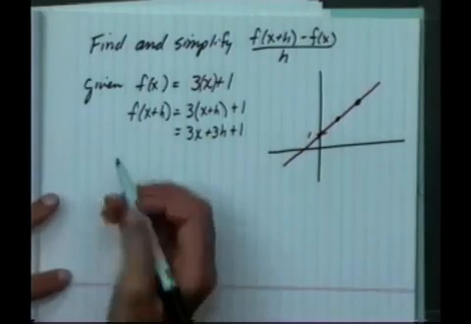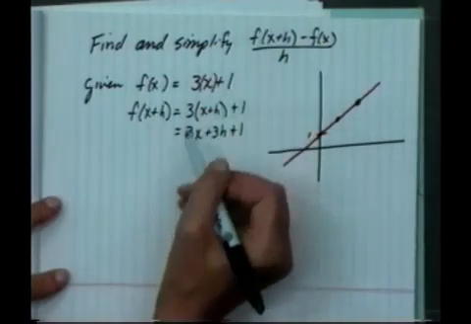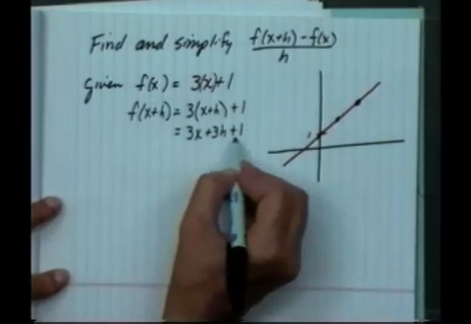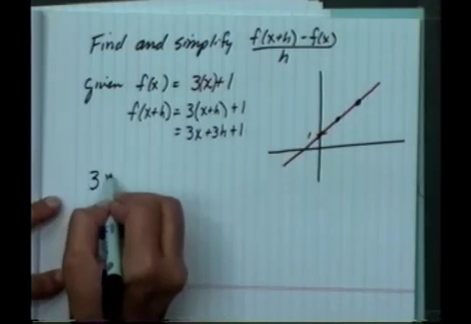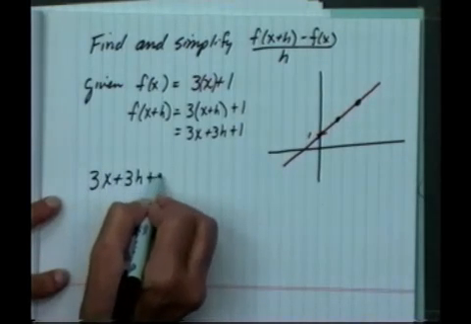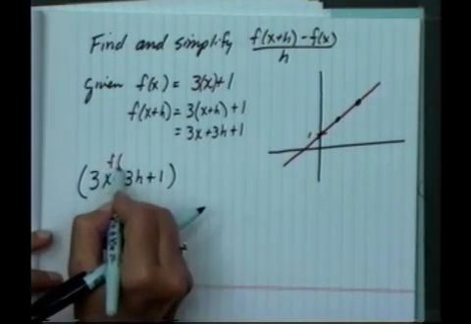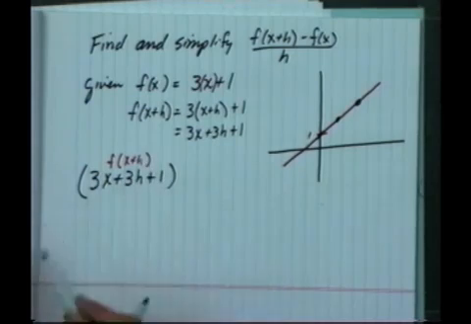Okay? All right, so let's substitute in f of x plus h. F of x plus h is 3x plus 3h plus 1. That's my f of x plus h.